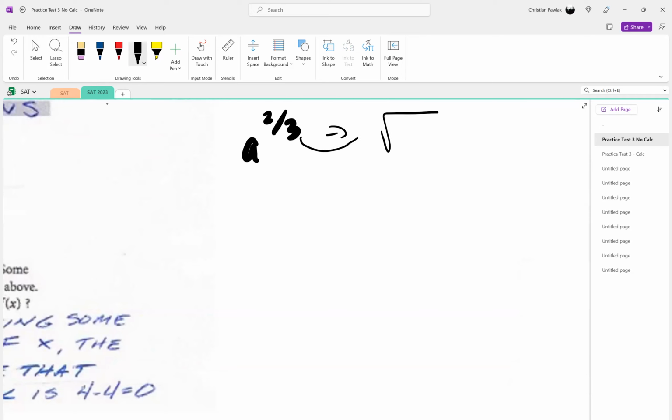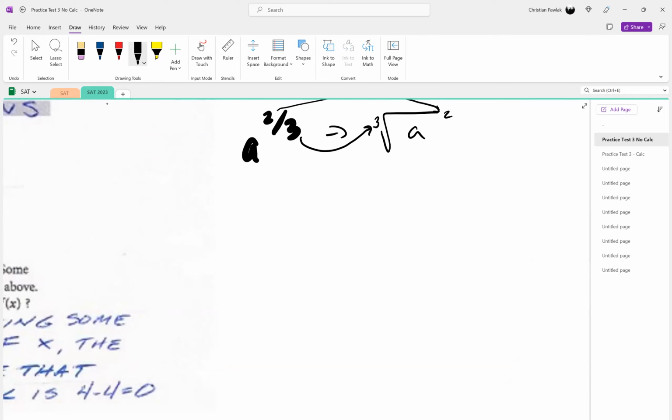The 3 being the root always goes at the bottom, and the 2 being already an exponent on top stays on top, and the a goes right there, okay? So a to the 2/3 can also equivalently be rewritten as cube root of a to the second.